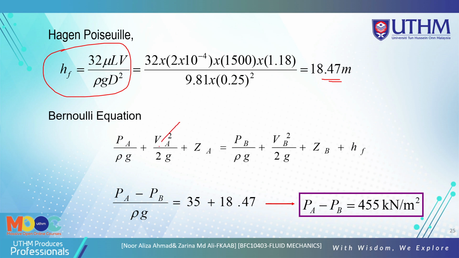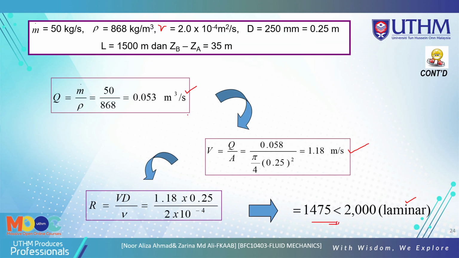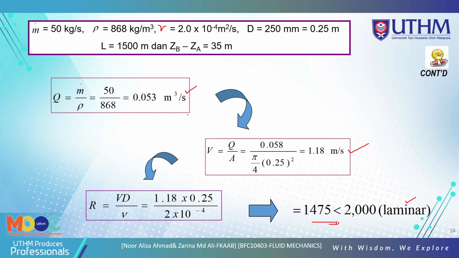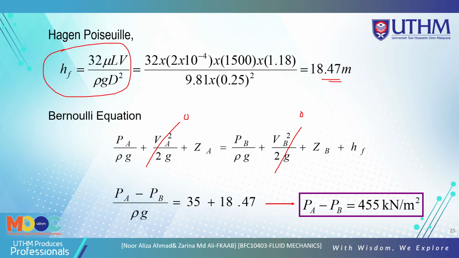VA minus VB is 0, because the two sections have the same diameter, so they have the same velocity, since we use the same discharge.